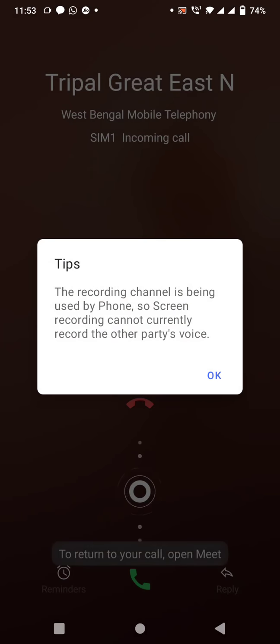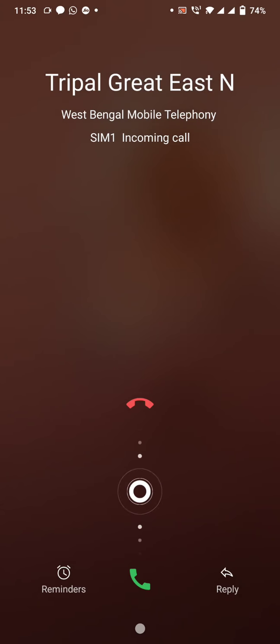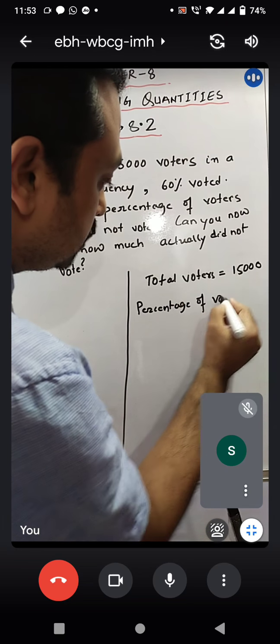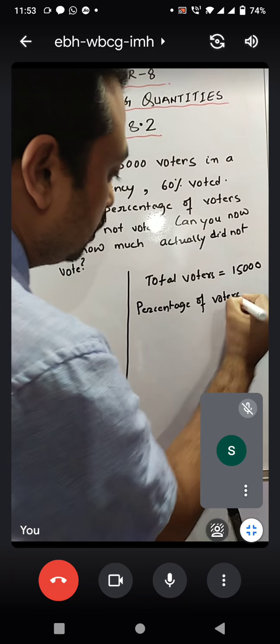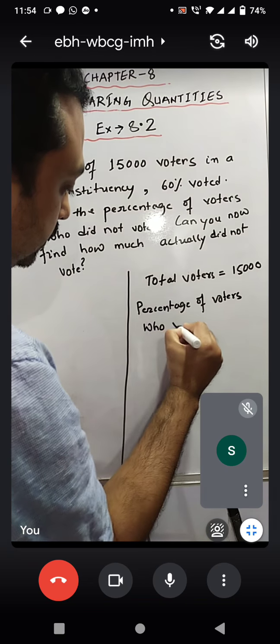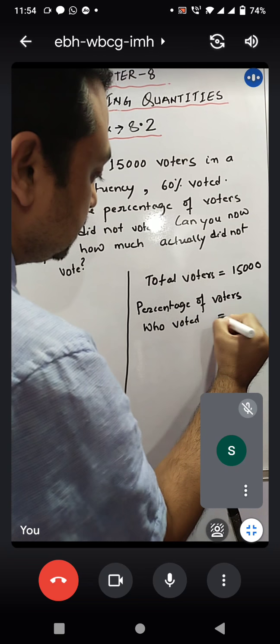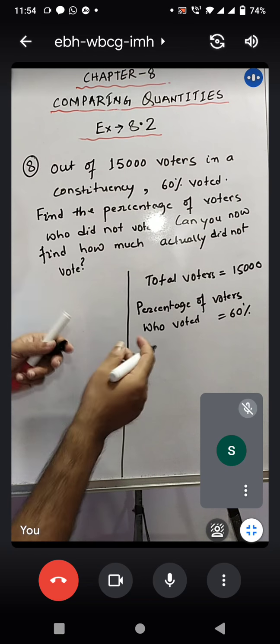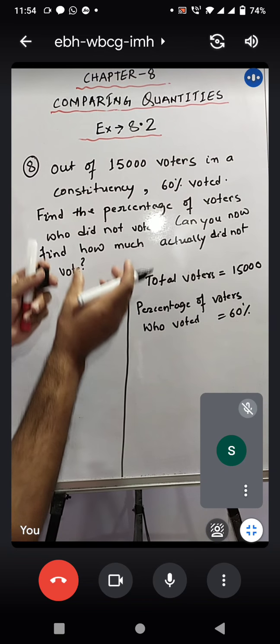Second, we will write percentage of voters who voted. That is 60%, which is given in the question. Okay. Now their first question is the percentage of voters who did not vote.